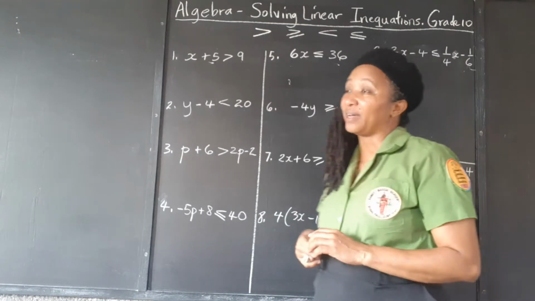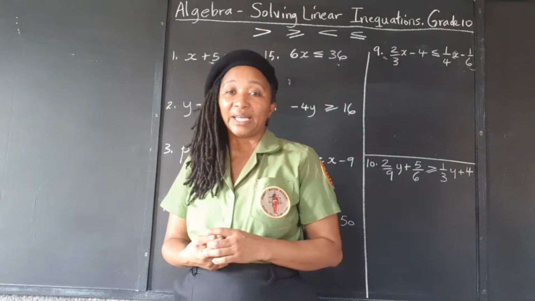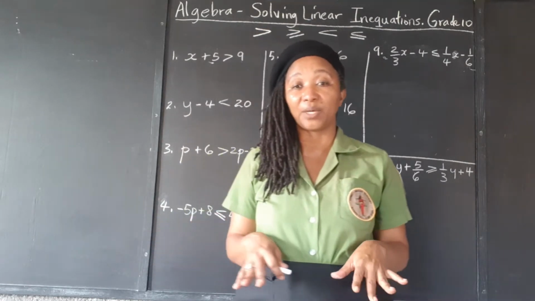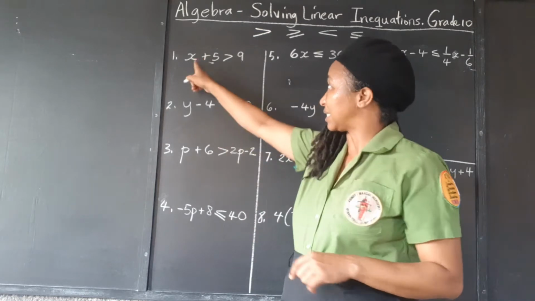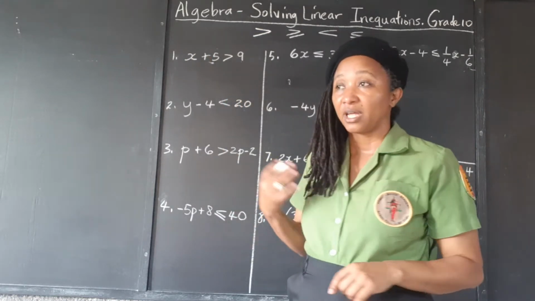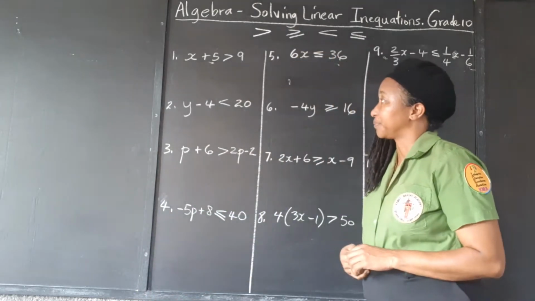So whenever you have an equation or an expression in which the highest power of any variable is 1, so this is x to the power of 1, that's a linear equation or linear inequation or expression.